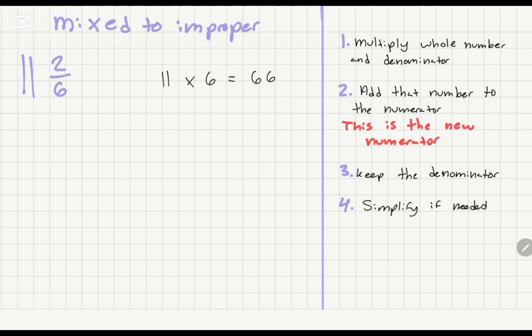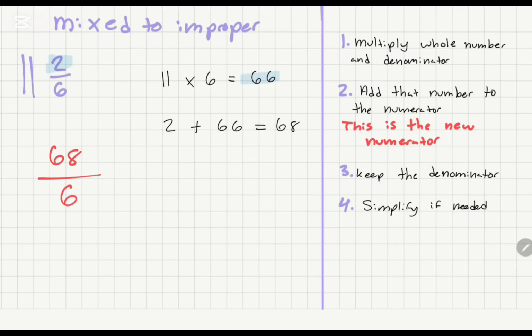Now we have to add that number, 66, to our numerator, 2. So 2 plus 66 is 68. This is our new numerator. So 68 is our numerator, and it says keep the original denominator. Our denominator was 6.